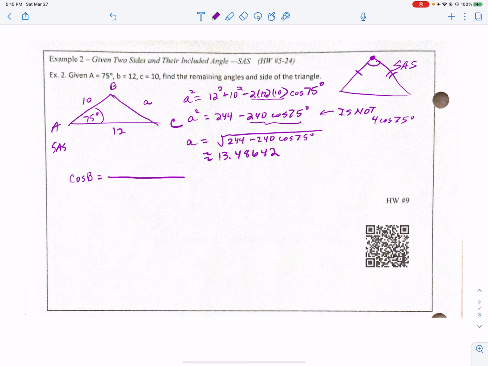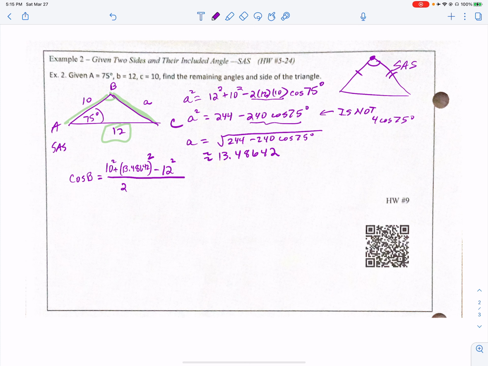Now, do you remember what that pattern is? The side opposite that angle is what is going to be subtracted and squared in the numerator. And then it is the sum of the squares of the two sides that create angle B that we're going to be adding up here. So it's going to be 10 squared plus this 13.48642 being squared.